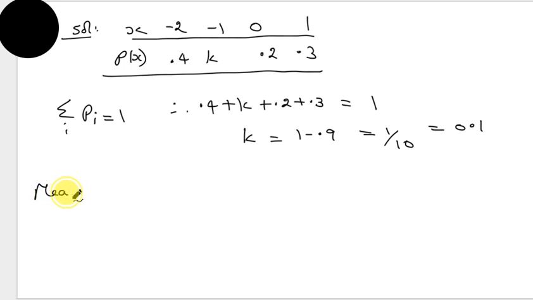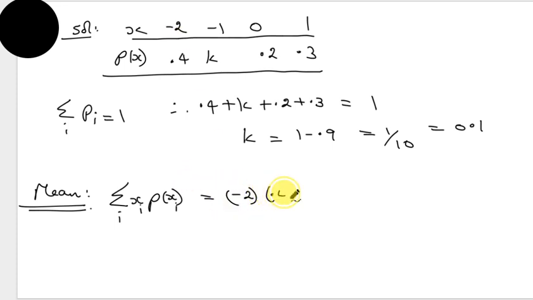Next, my main concern is to find mean. So mean is nothing but summation x p of x over i. I have an xi and p of xi. So first value is minus 2, the corresponding probability 0.4, plus the next is minus 1, the corresponding probability 0.1.